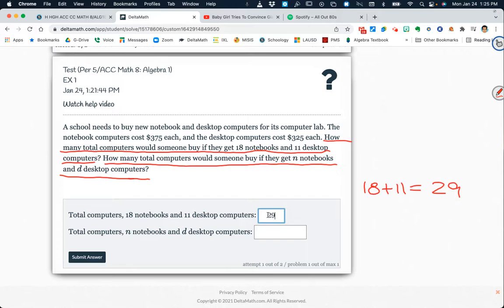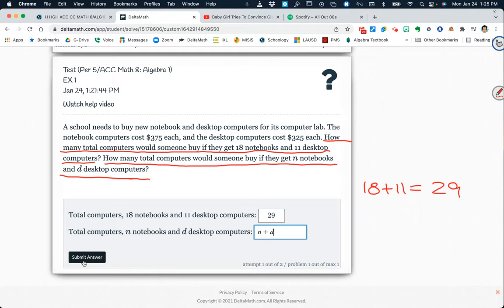Okay, now we're going to abstract it. Then they asked, how many total computers would someone buy if they get N notebooks and D desktop computers? That's different, right? How would we write that with N and D? N plus D. That's our expression.